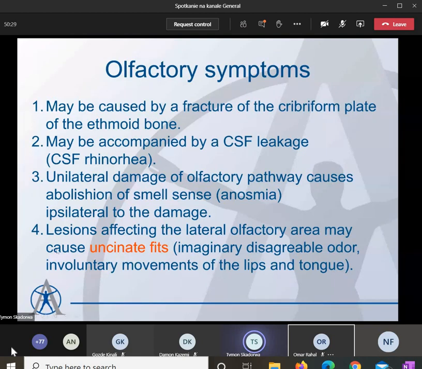So please remember uncinate fits, when someone, for example, suddenly smells a disagreeable odor, and nobody else can confirm it. This may be an uncinate fit, which results from the lesion affecting the lateral olfactory area within the temporal lobe. So please remember that, because this may be of clinical significance.